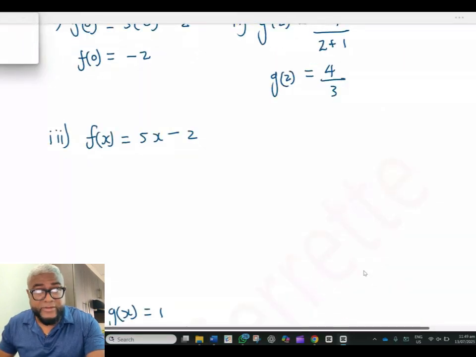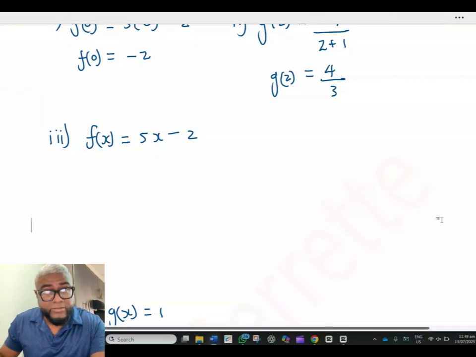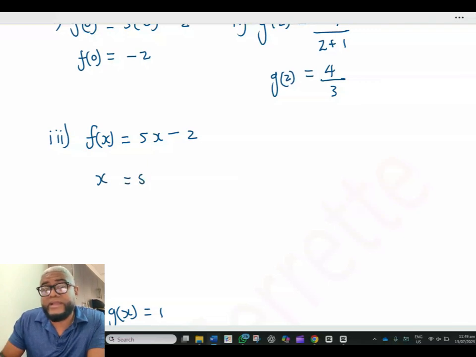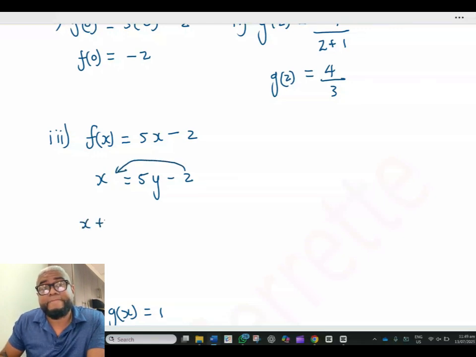All right, let's go, because everybody's sitting here watching me saying it's taking long. Replace f of x with y, the same thing we do over and over. Replace x with y, and make y the subject. What's moving? The 2 comes here. What does it become? x plus 2 equals 5y.